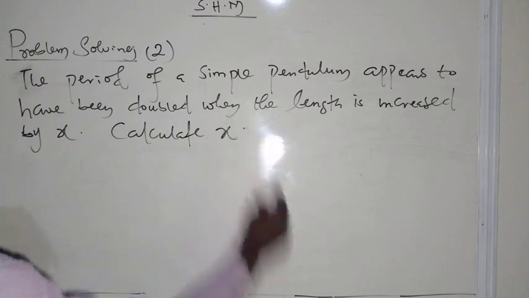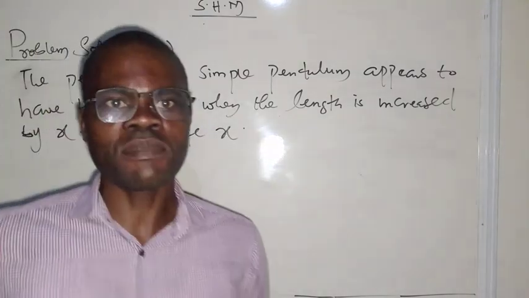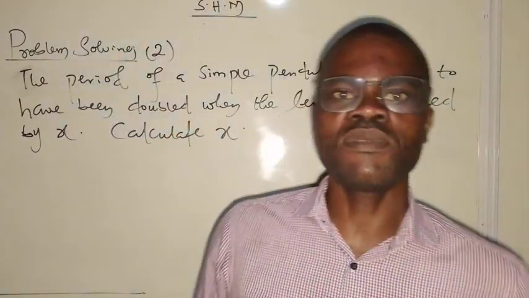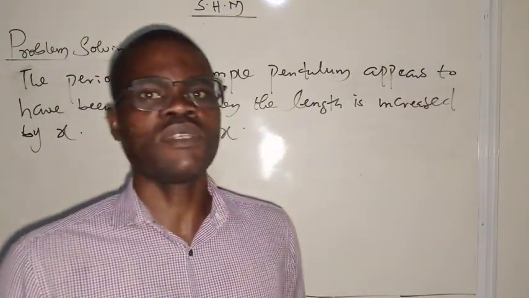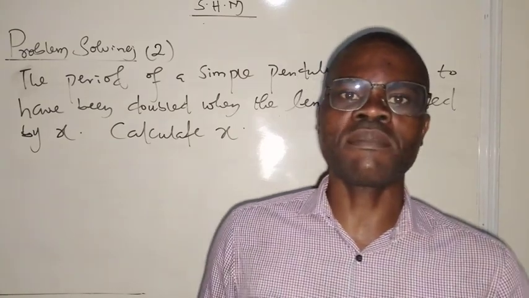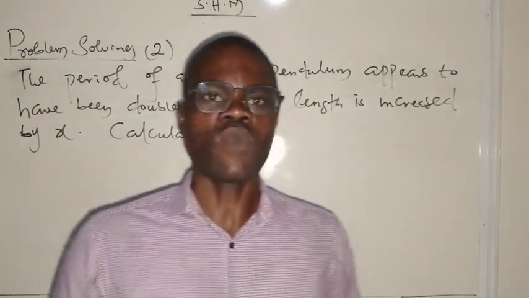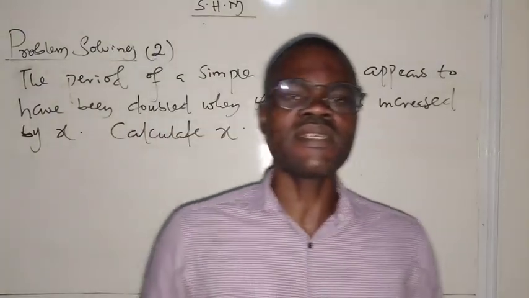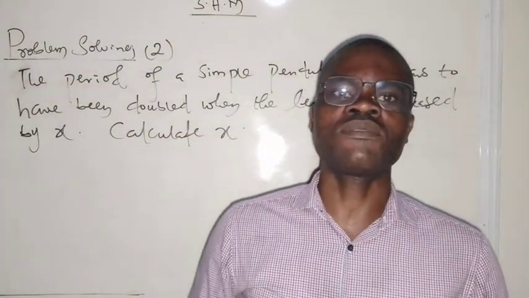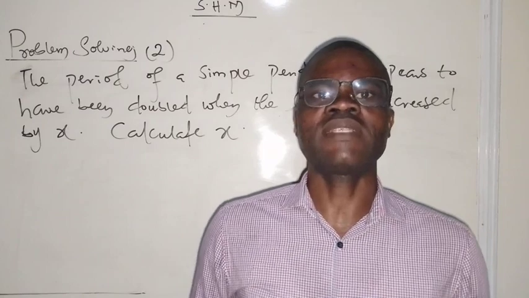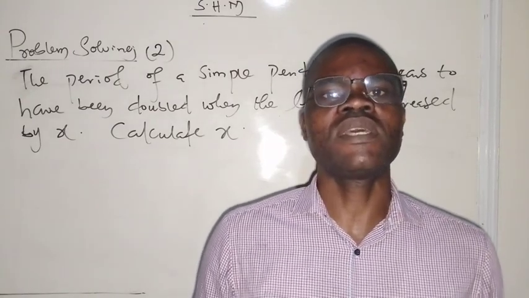Calculate x. So this is another problem on simple pendulum. So the period of a simple pendulum appears to have been doubled when the length is increased by x. So we are to find the value of x as far as this problem is concerned.